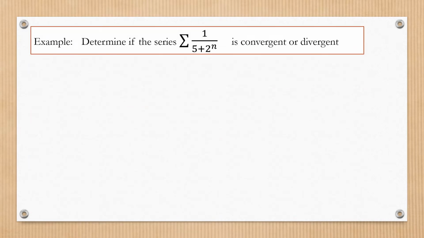Now, let us have this example. Determine if the series 1 over 5 plus 2 raised to n is convergent or divergent. So, we will focus on the given sequence, this one.